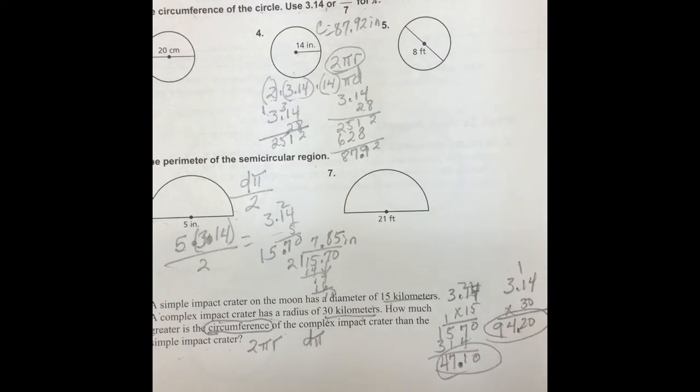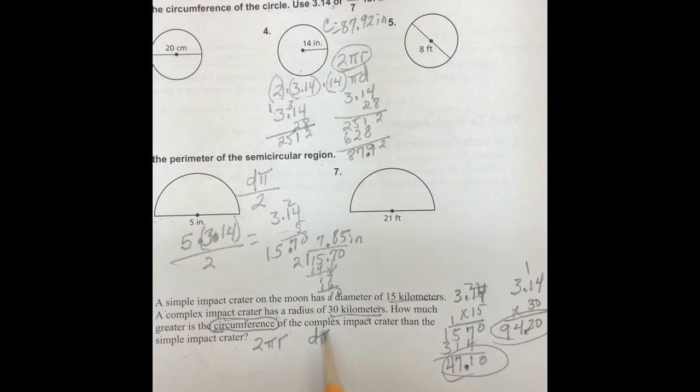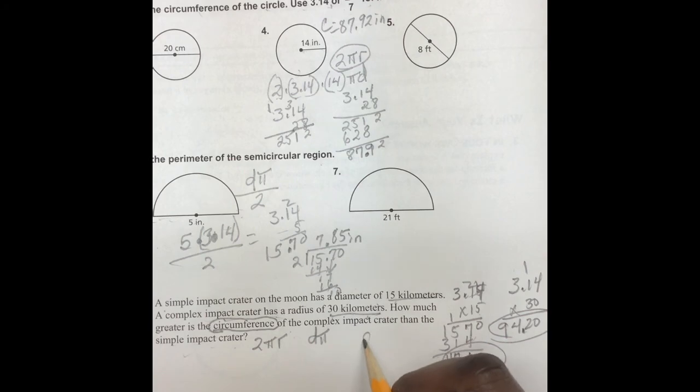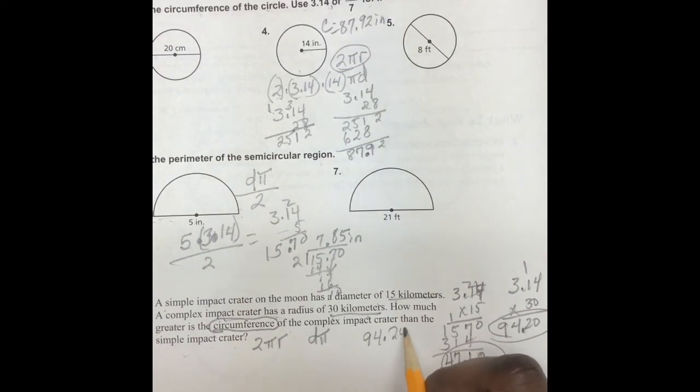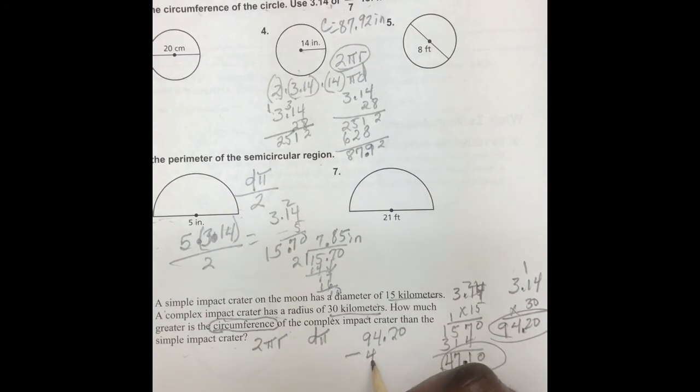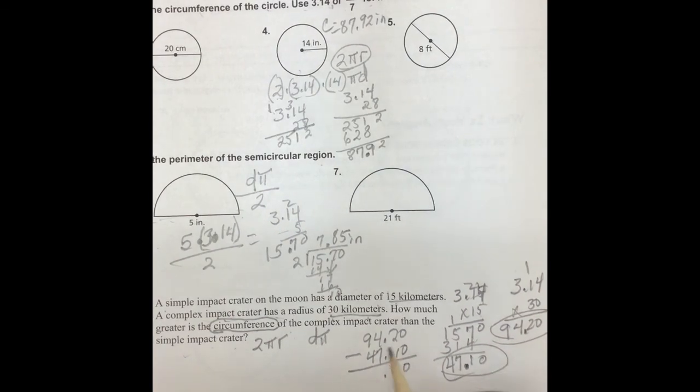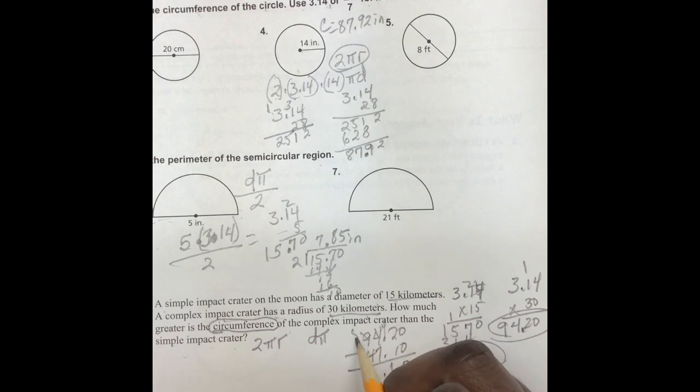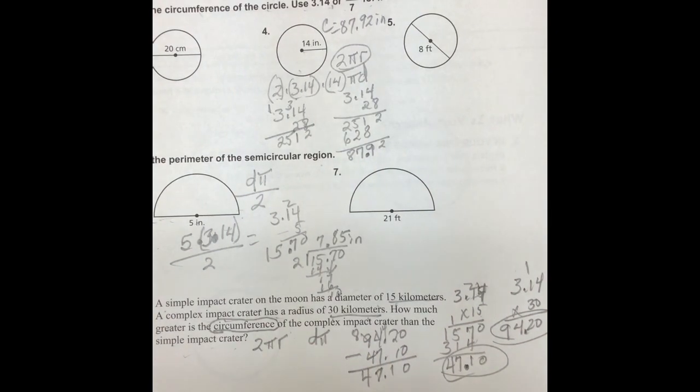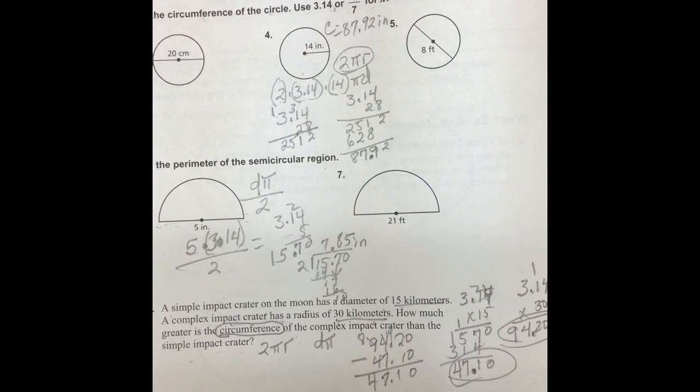Okay, it asks how much greater, so we take 94 and 20 hundredths and we subtract 47 and 10 hundredths, and we get 47.10. So it is twice as much. Okay. All right.